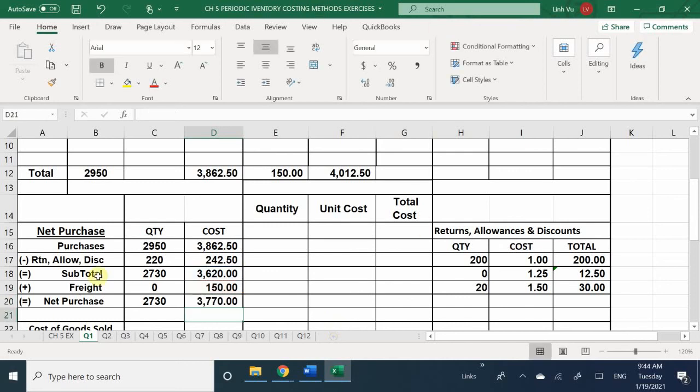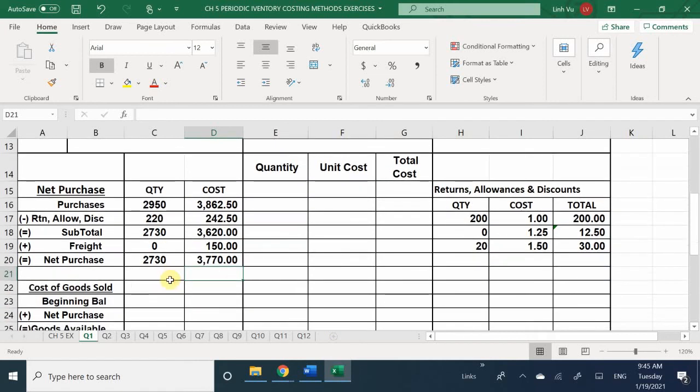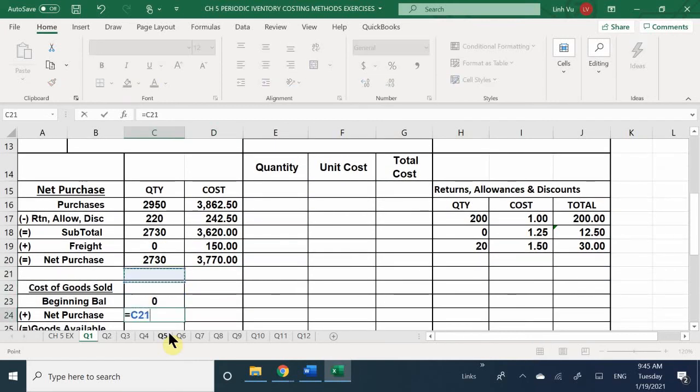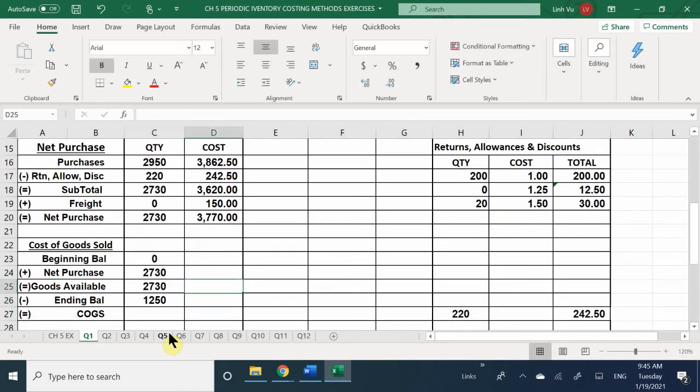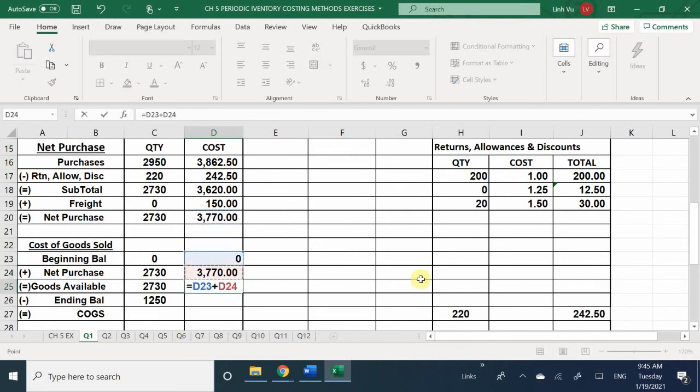Good. Of course, we don't have beginning inventory, so we can just pull the information down. But we will see what happens when we also mix in having beginning inventory. All right. So there you go. 3770. That's how much goods we have available.